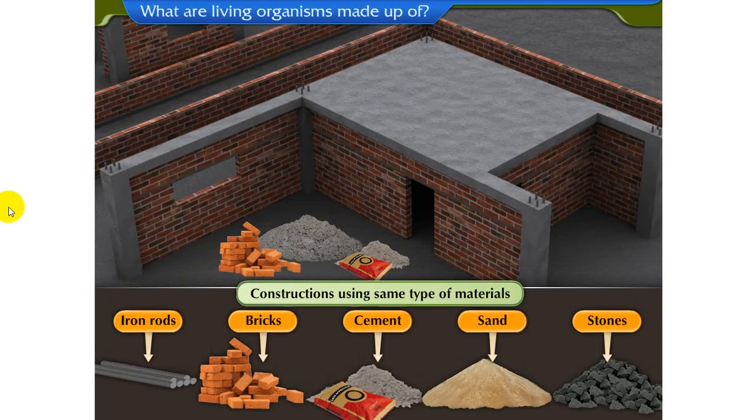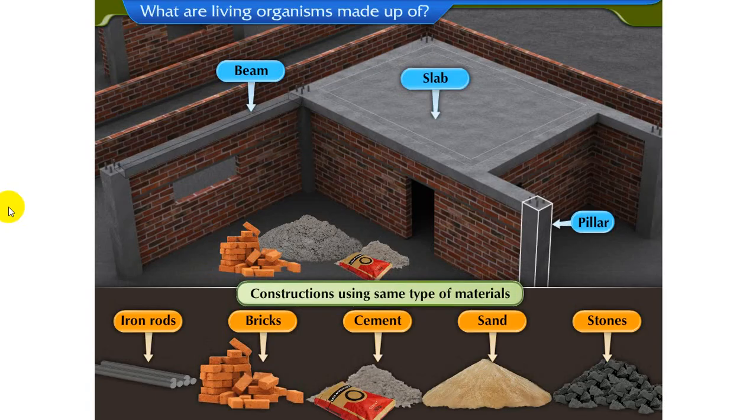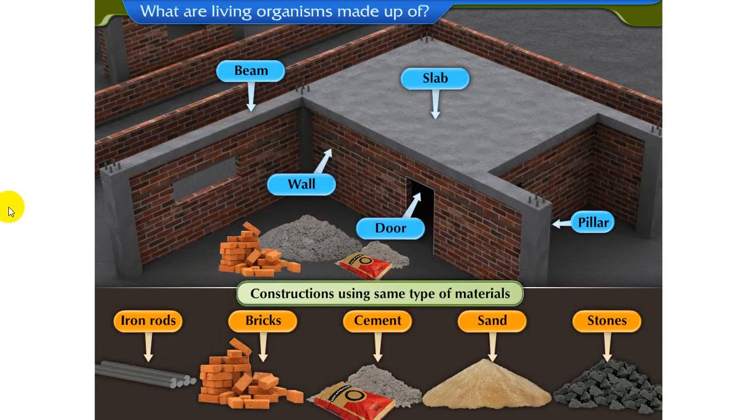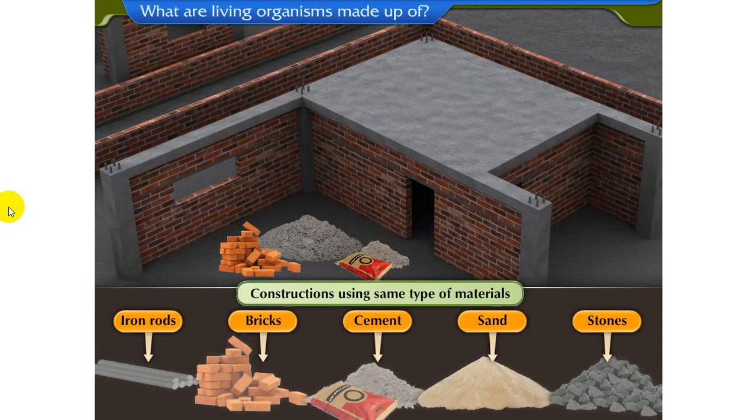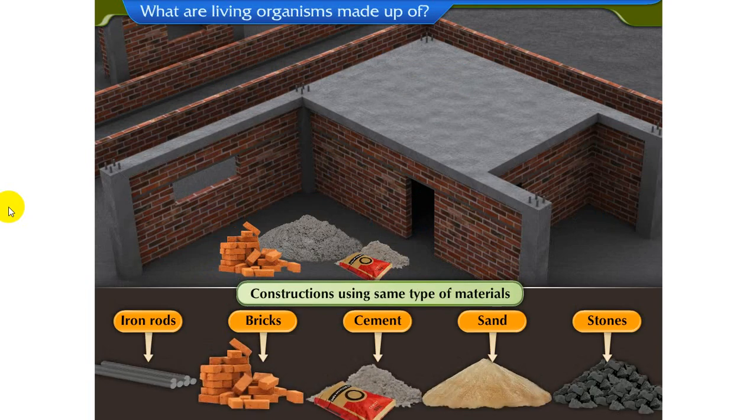That is the foundation which supports pillars, beams and slab. We come across walls, doors, windows of different sizes and shapes. Altogether, the structure is a cement-concrete construction having an external appearance as well as a distinct internal structure.